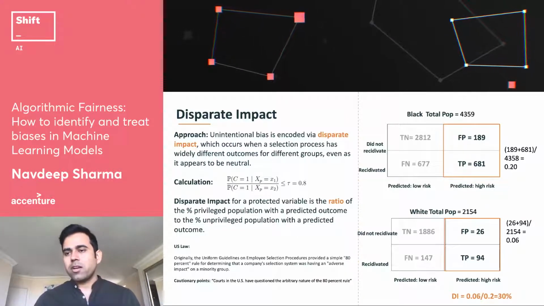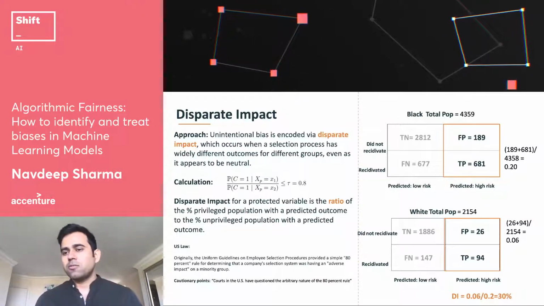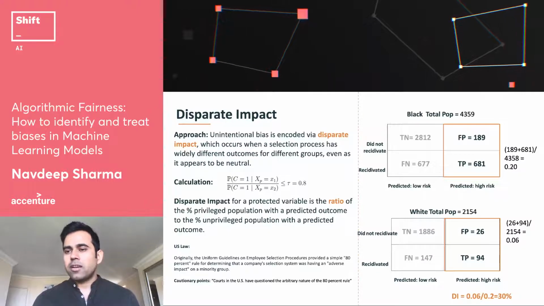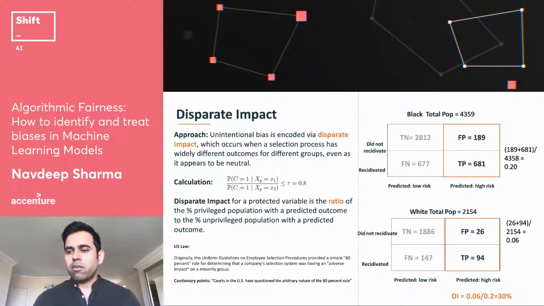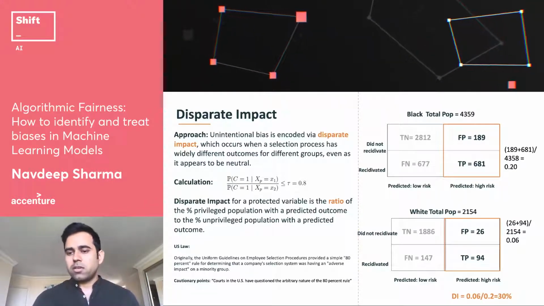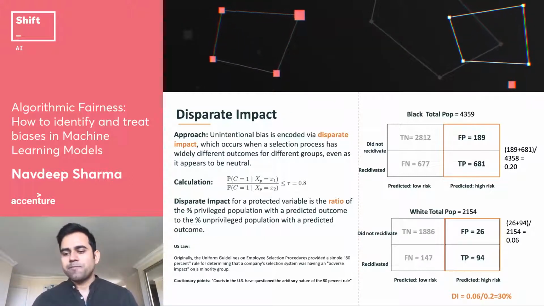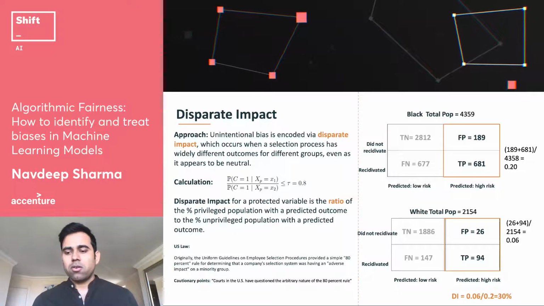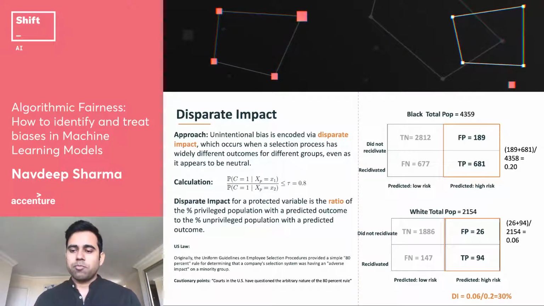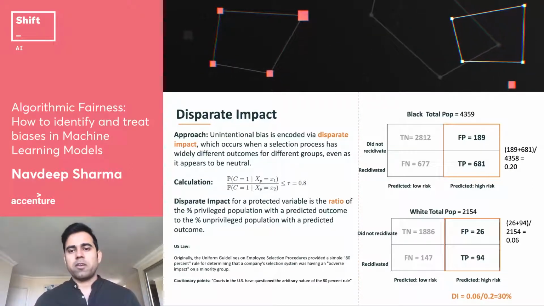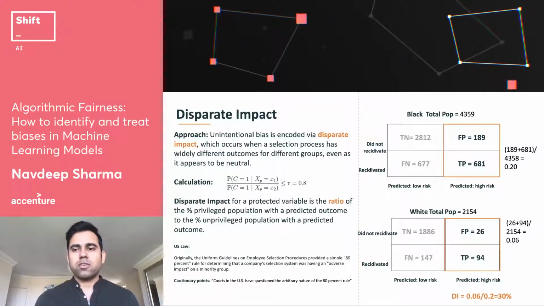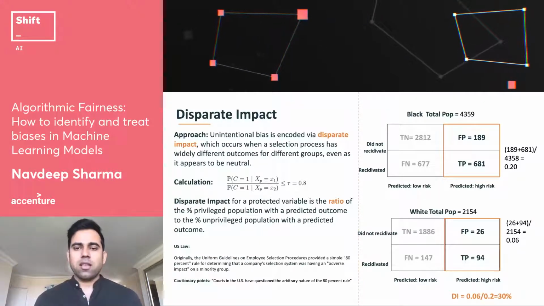We first calculate false positive plus true positive divided by total data set. Then we calculate the same for the privileged group, false positive plus true positive divided by total sample size. The disparate impact ratio, which is 30% in this particular case, is very close to the prevalence, which is just telling the story that the biases are embedded in the data set.